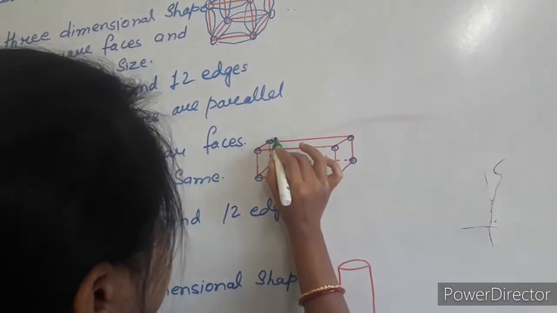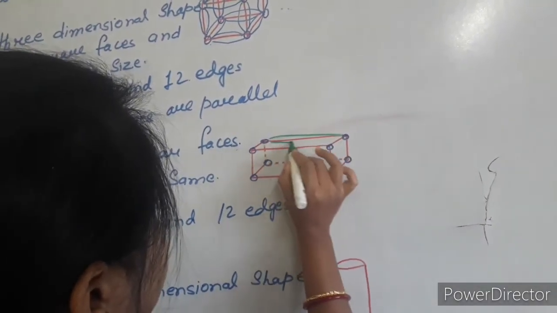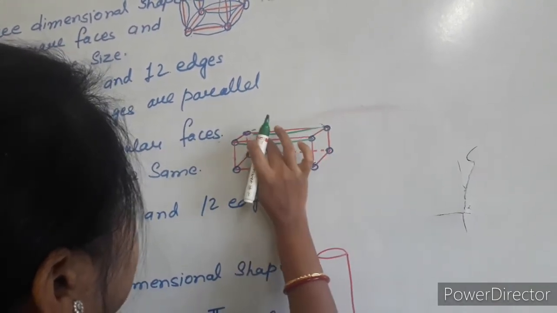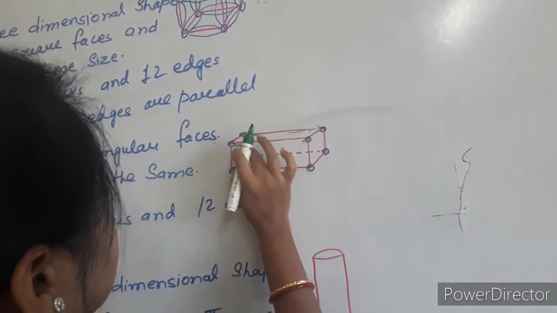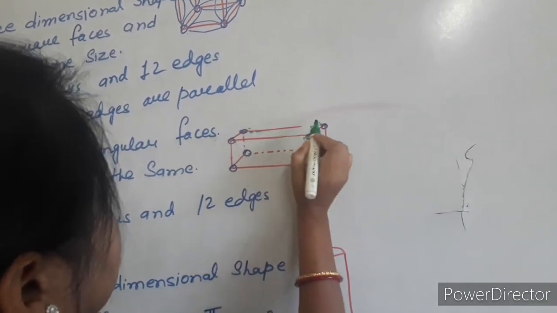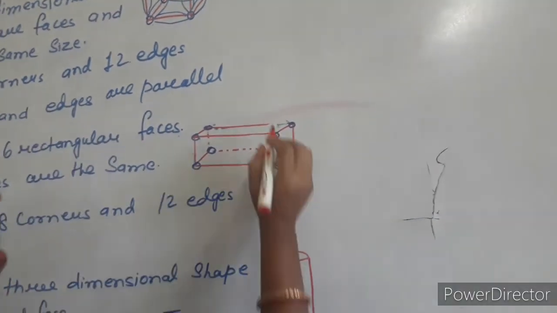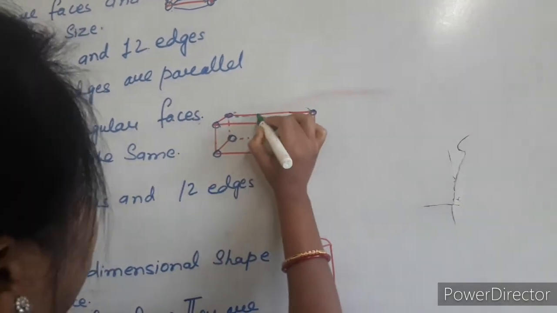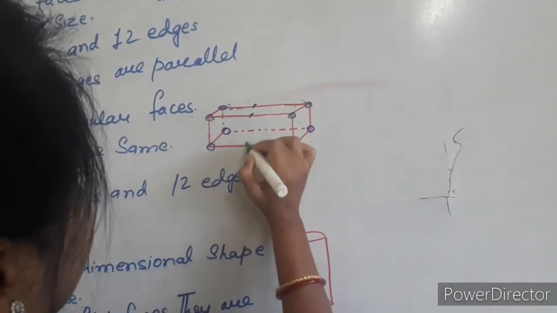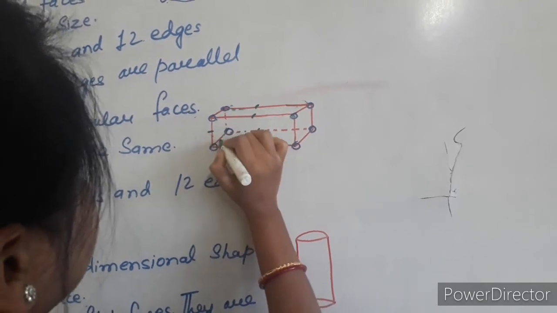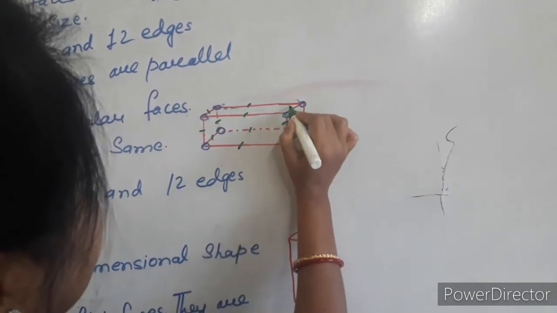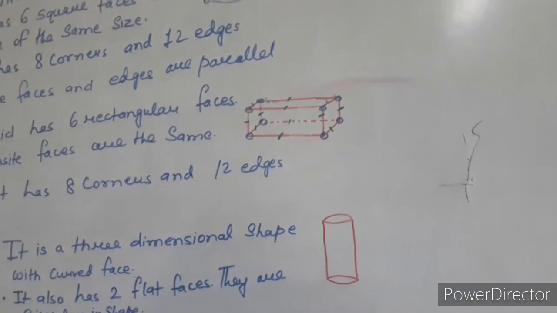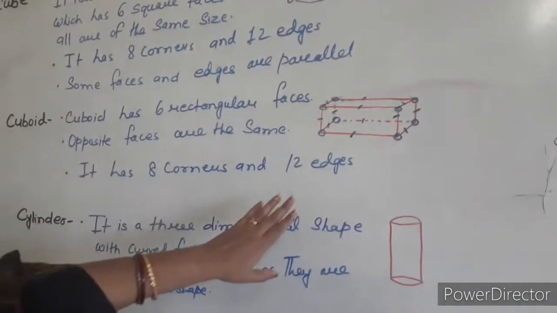I need not draw like this, I will just show you like this. 1, 2, 3, 4, 5, 6, 7, 8, 9, 10, 11, 12. So these all are 12 edges. That means cuboid has 12 edges.